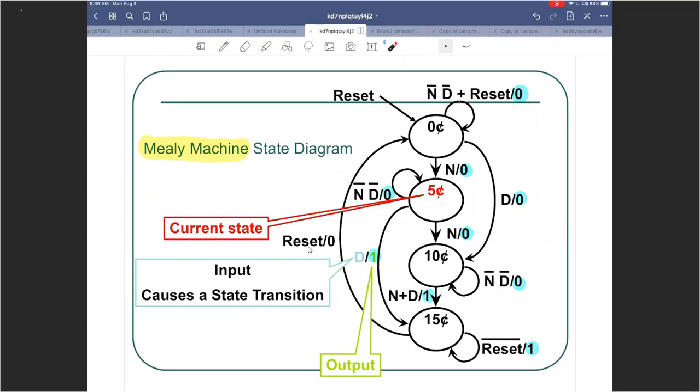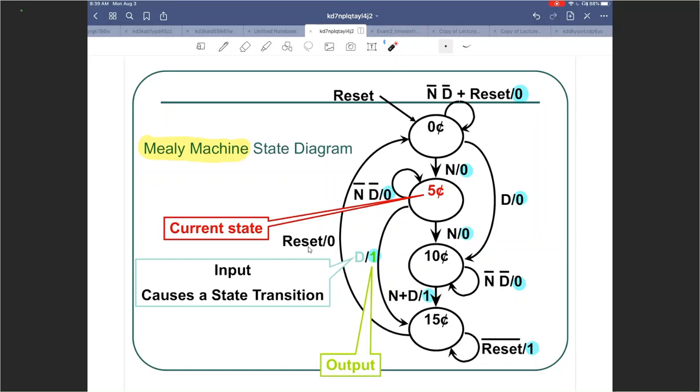So all the ones that are highlighted in blue, those are the outputs. Now they are not limited to the state. They are on the arc that caused that transition.